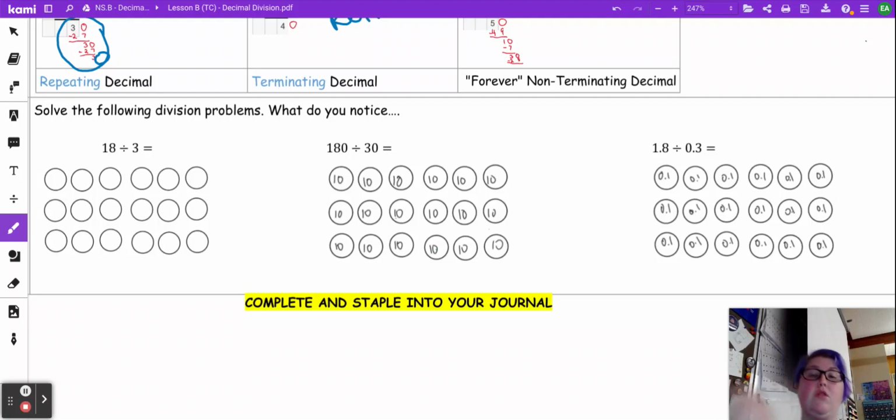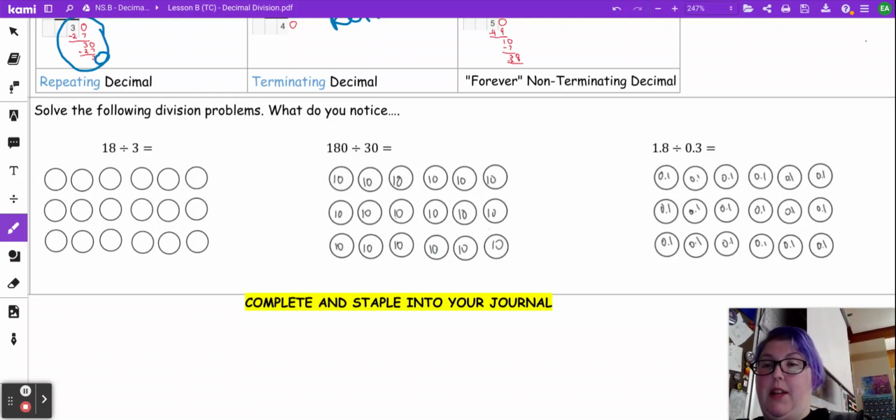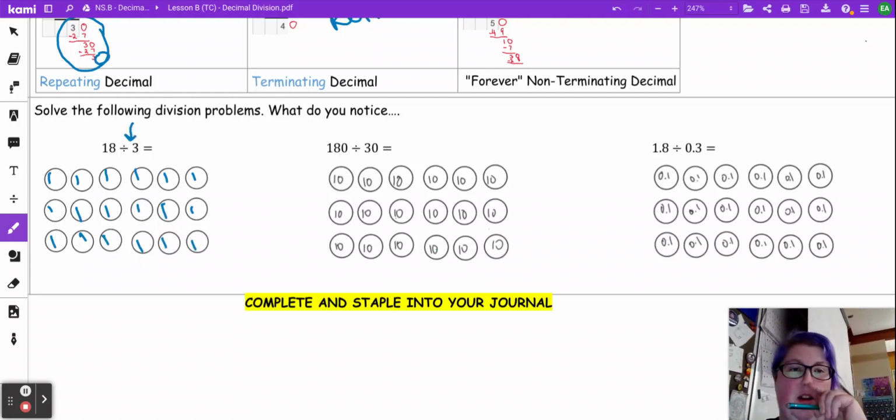Each of those circles will represent a different power of 10. So in this example, 18 divided by 3, each of these is 1 because we have 18 and 3. The smallest is the ones place. So the 3 is the smallest.